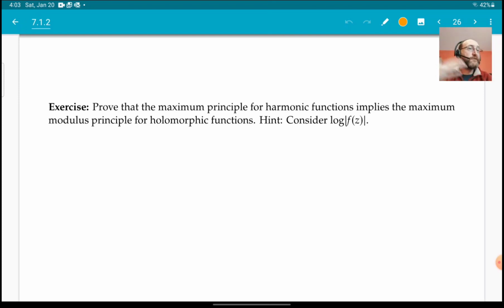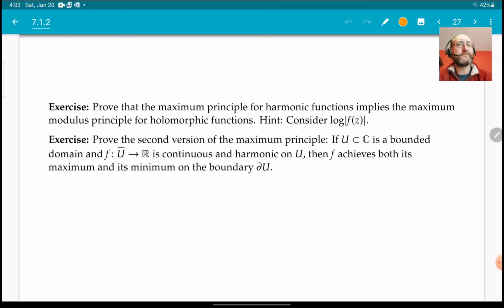So basically, the two are equivalent. So prove the maximum principle for holomorphic functions, the maximum modulus principle, via the maximum principle for harmonic functions. The hint is to consider this function, which is harmonic if f is holomorphic.